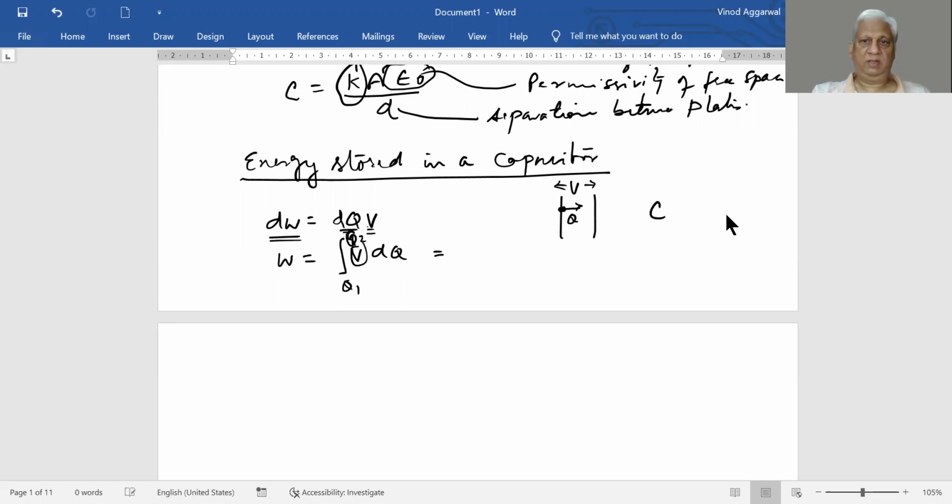We know capacitance is equal to Q by V, so V is equal to Q by C. So we can replace V by this value. So our integral becomes Q by C dQ.